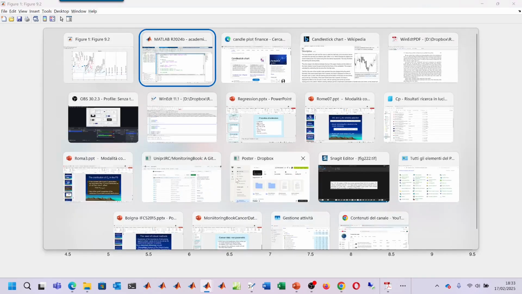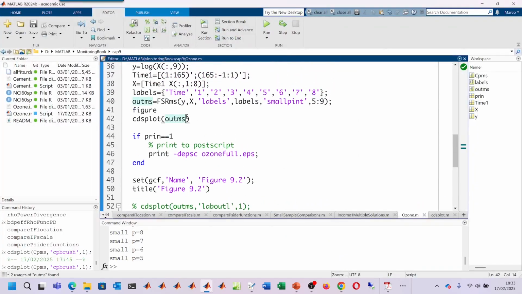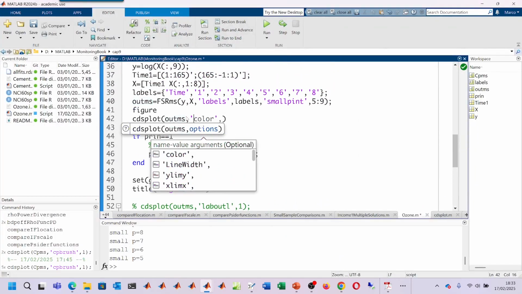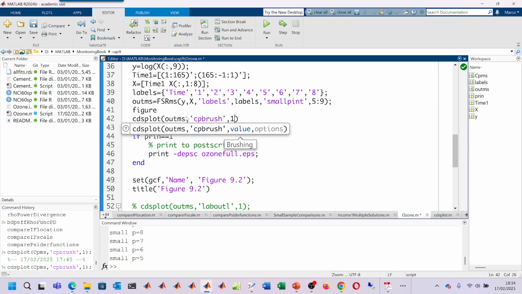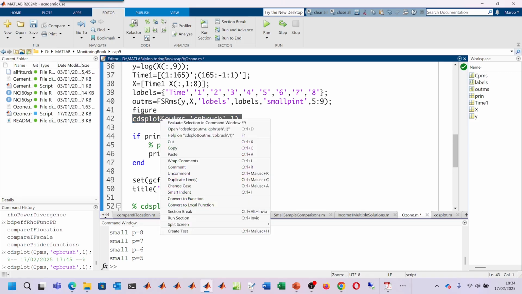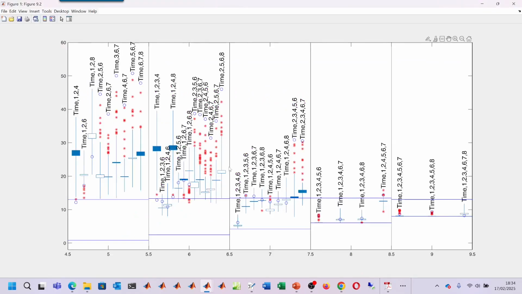In order to have greater information about the trajectory of this model, we put the option CP brush, and then we reshow this model, and when we select it, we can see that in the central part of the search the trajectory stays inside, and also the final value is inside, not the most remote one.